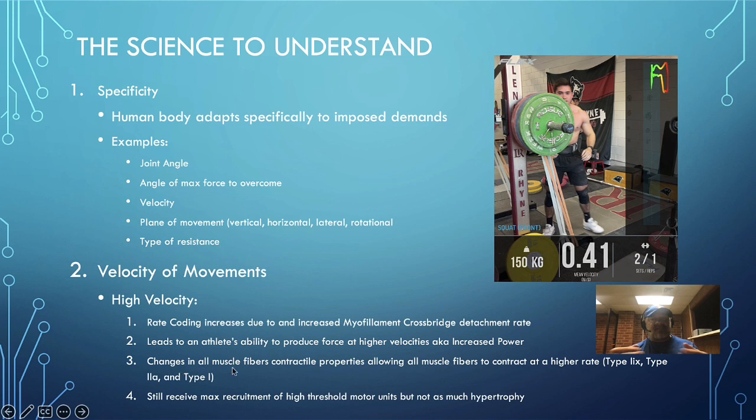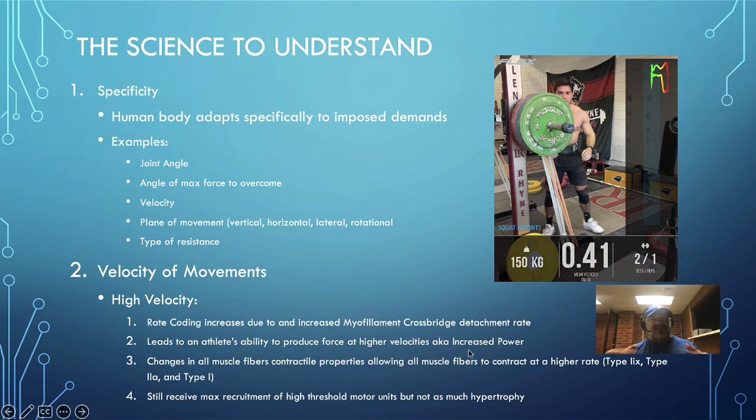There are changes in all muscle fibers' contractile properties, allowing all muscle fibers to contract at a higher rate, whether it's type 2X, type 2A, type 1. All fibers start to have adaptations, giving them better contractile properties to contract faster, no matter what kind of fiber it is.